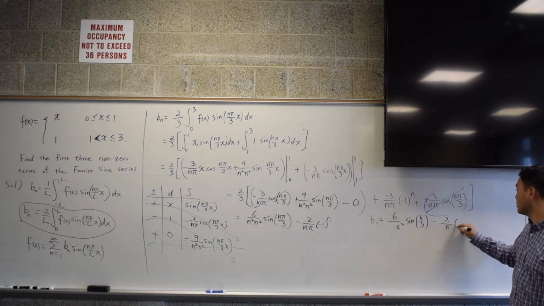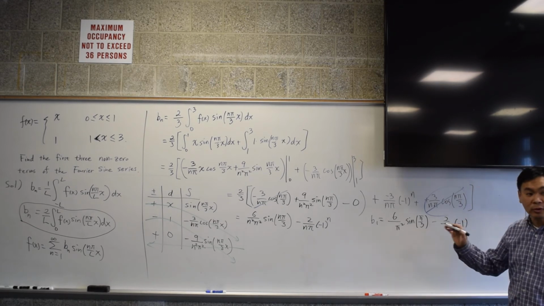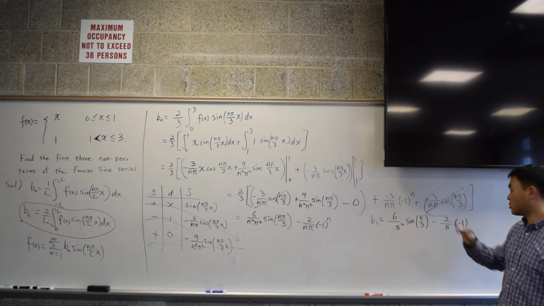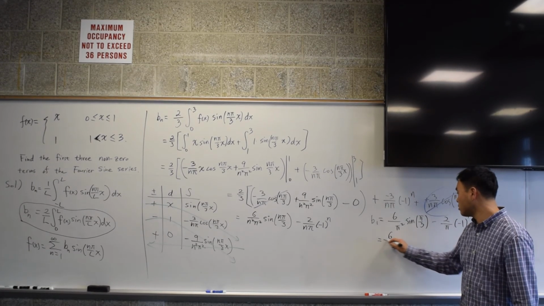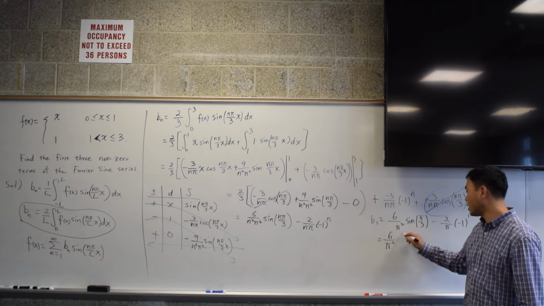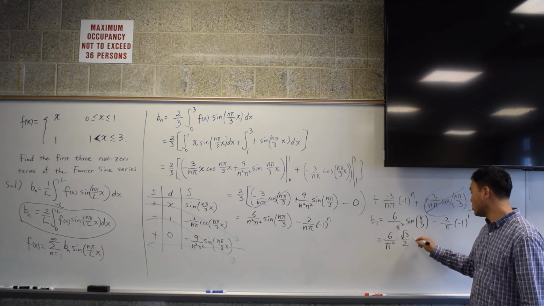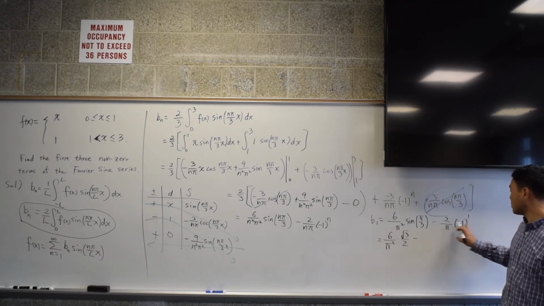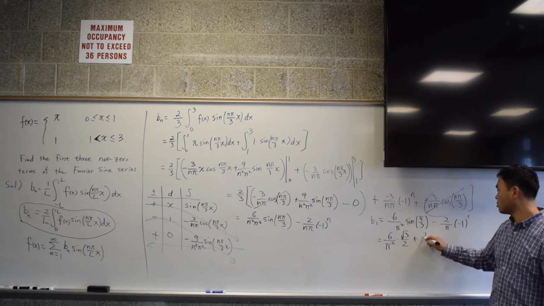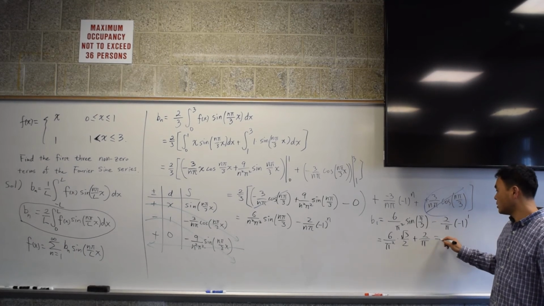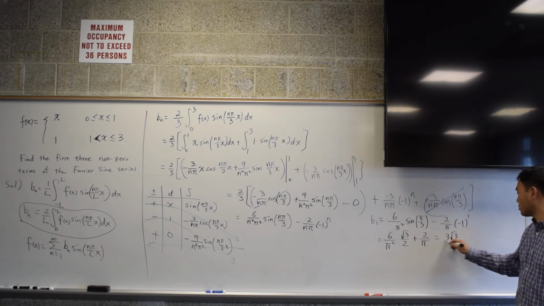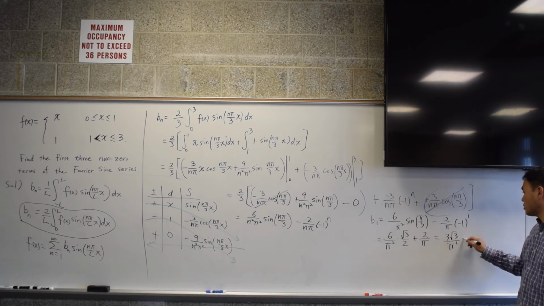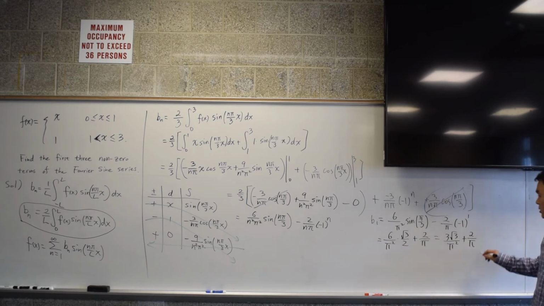Radical 3 over 2. So that's going to give you 6 over pi squared times radical 3 over 2 minus, that's negative negative, so it's plus 2 over pi. And 6 and 2 can be reduced to give you 3 radical 3 over pi squared plus 2 over pi. That's your B1.